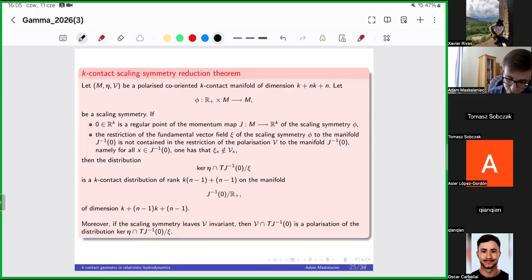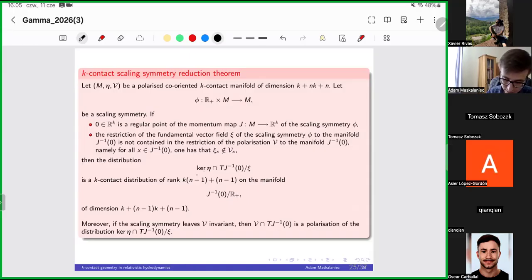And moreover, the restriction of the fundamental vector field of this scaling symmetry to this level set of our momentum map is not contained in the restriction of the polarization. So our scaling symmetry needs to be, in a sense, transversal to our polarization. Then it turns out that we have a natural candidate for a reduced k-contact distribution on a manifold that is this level set of the momentum map, quotient by our scaling symmetry.